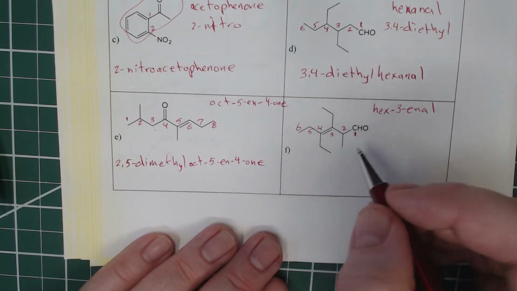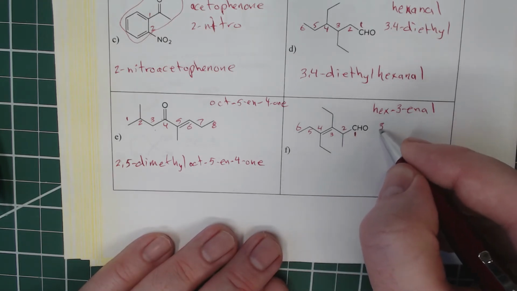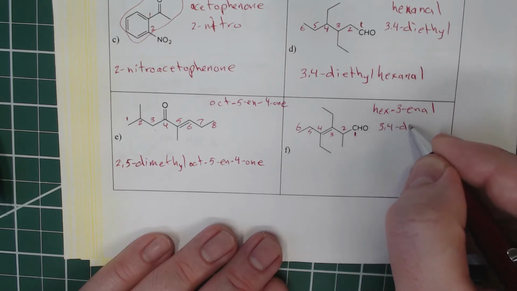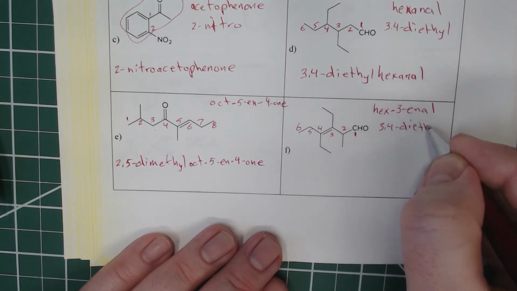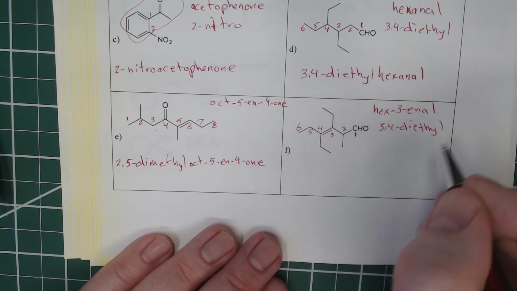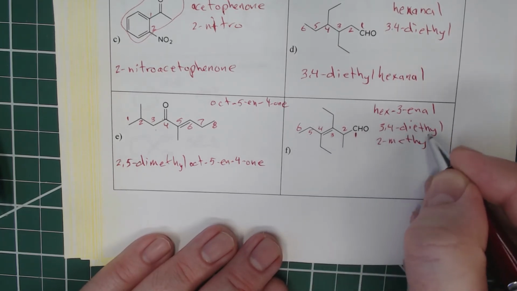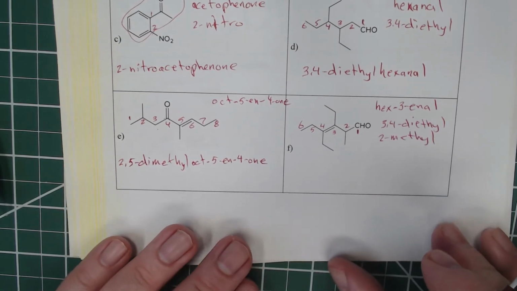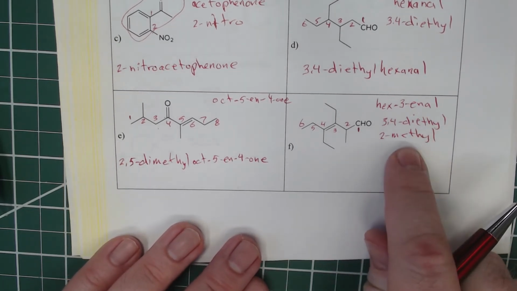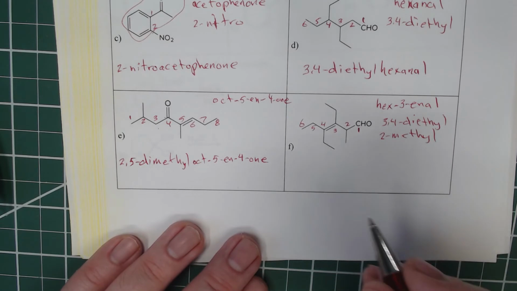We've got a couple of ethyls here. So we've got a 3,4-diethyl. And we've got a 2-methyl. So I'll put 2-methyl. So now when we put that all together, ethyl's going to come before methyl because of the whole alphabet thing.